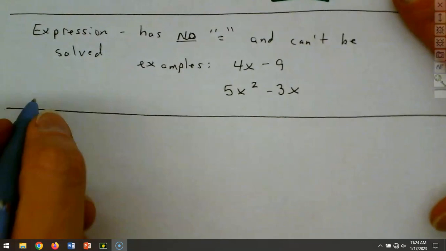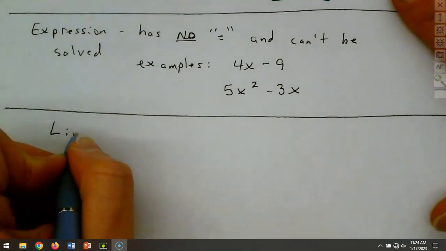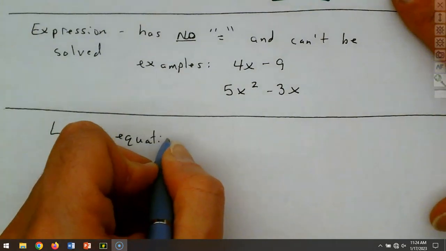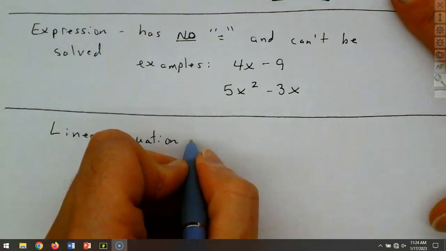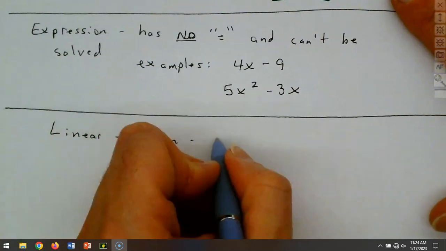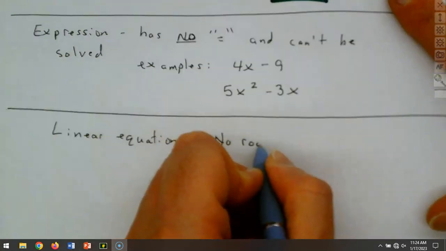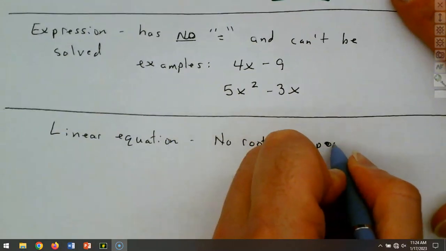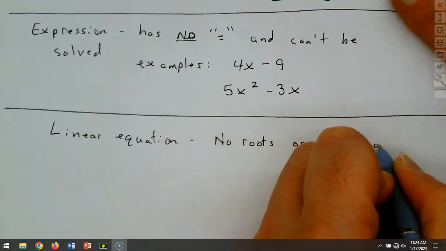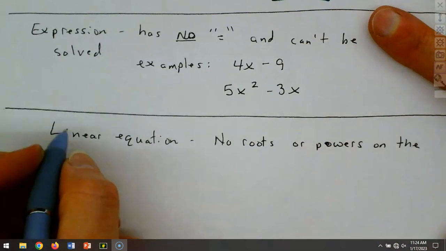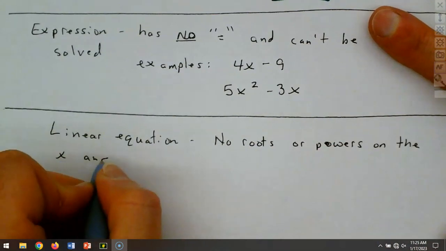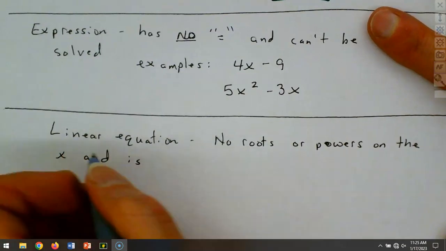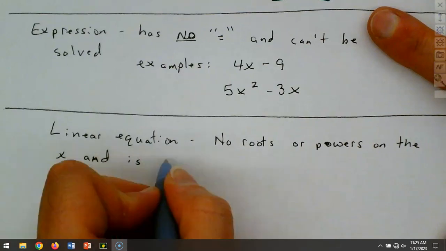Let's talk about the difference. Linear equations don't have any roots, so they have no roots or powers on the x, and x is not in the denominator of a fraction.